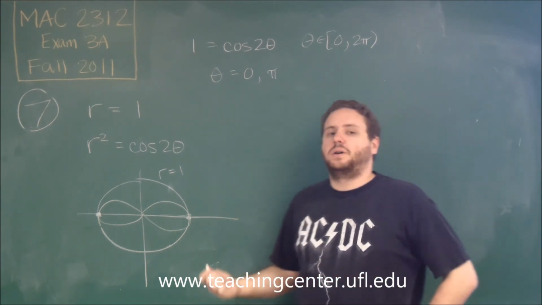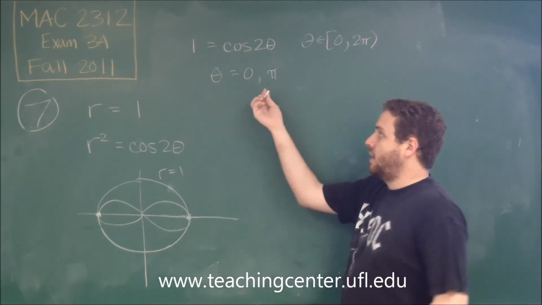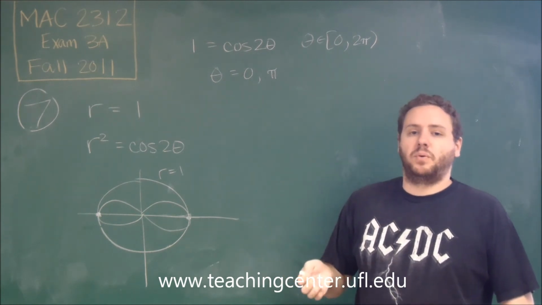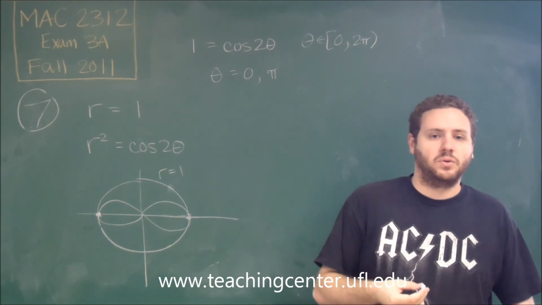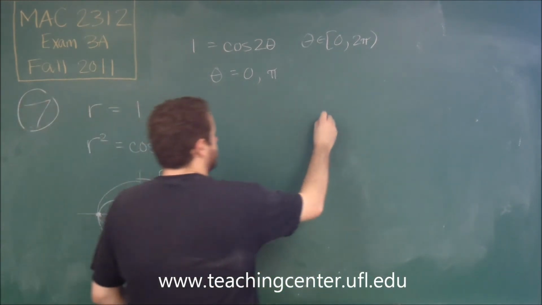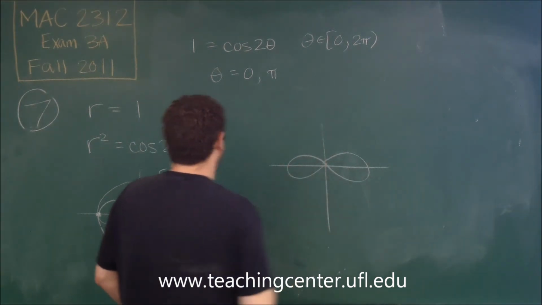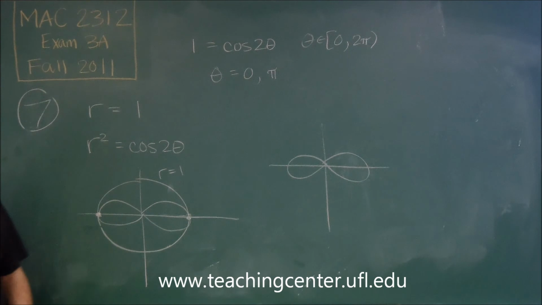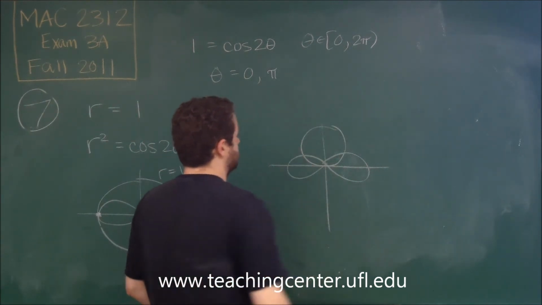It's possible, though, that with questions like this, you could get ones where the algebra would not give you every point of intersection. So knowing what the graphs look like is very important. For example, if we were still intersecting with this graph, r squared equals cosine 2 theta, but we wanted to circle something like this.